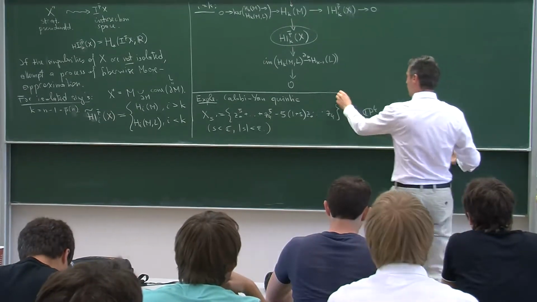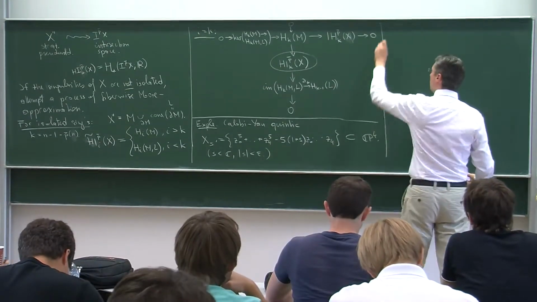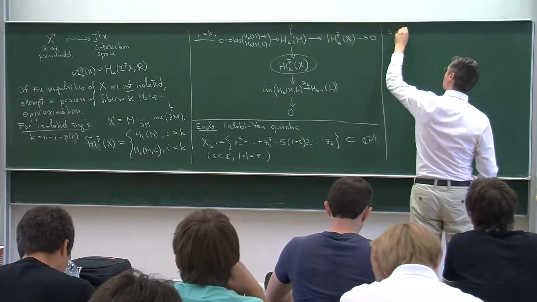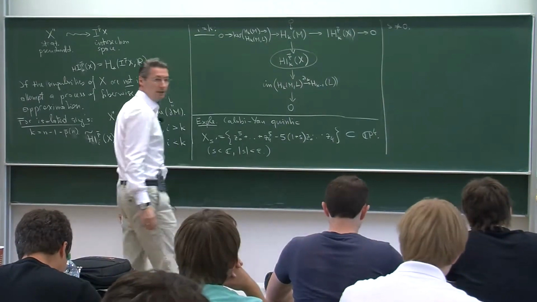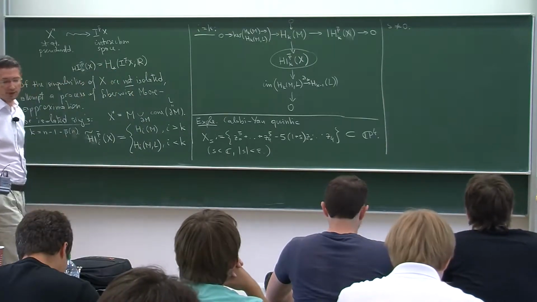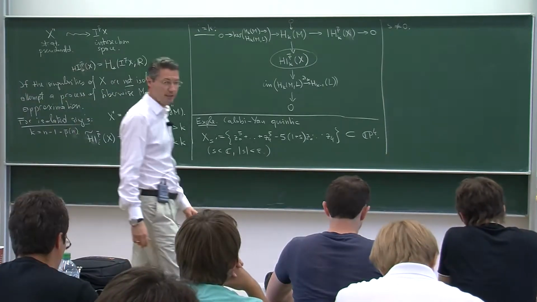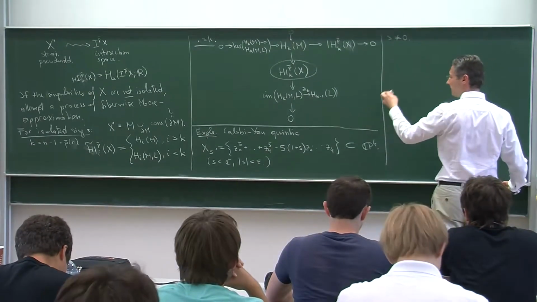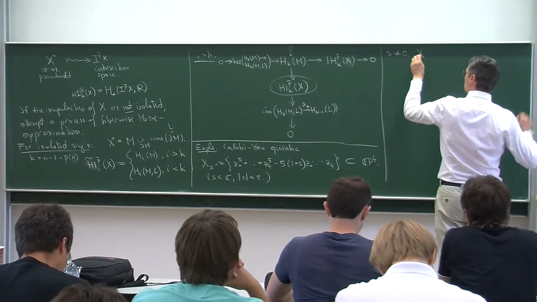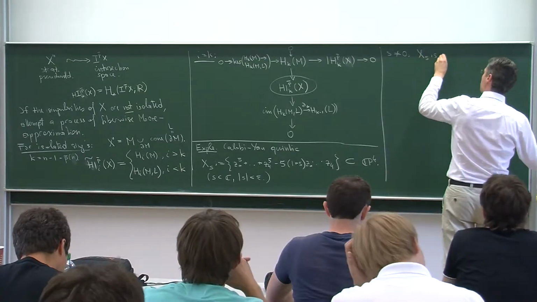So we notice the following about this. Well, what if s is not 0? If this parameter s is not 0, then a quick calculation shows you that this variety X_s is non-singular. Right? So this is a nice manifold, and in fact it's a Calabi-Yau manifold.